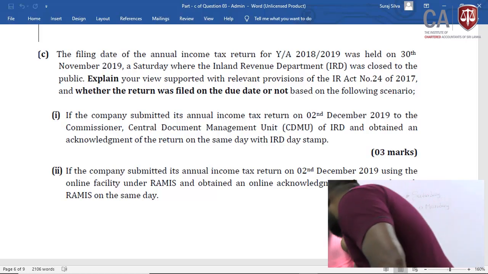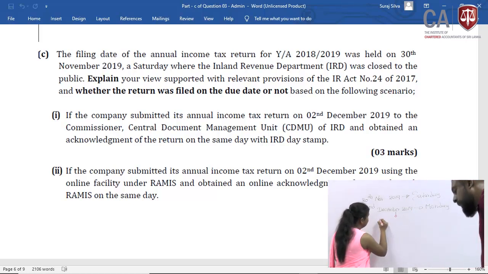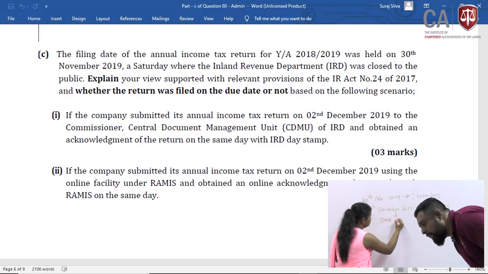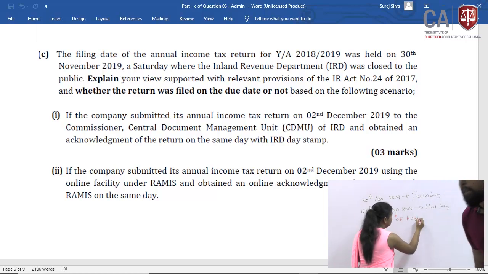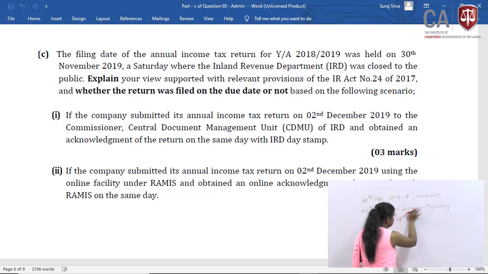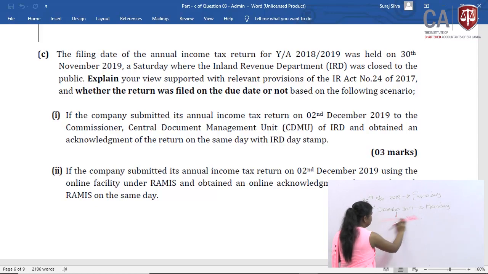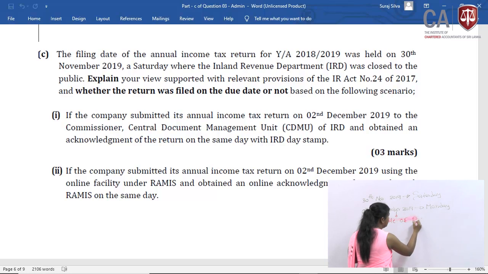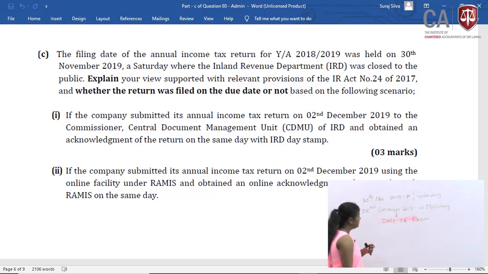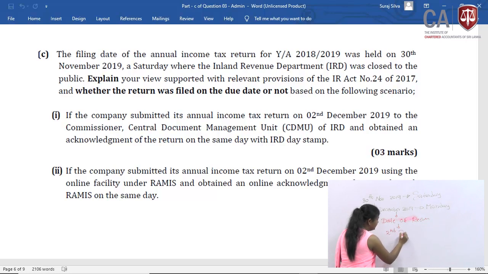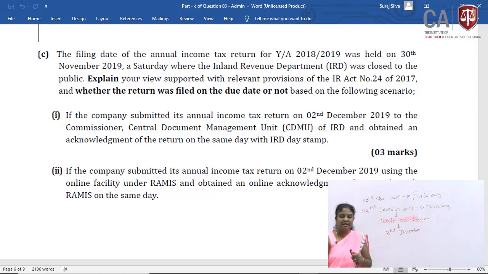Now see the date of acknowledgement, the date of receipt of the return, is mentioned as 2nd December. The seal has been put as 2nd December.